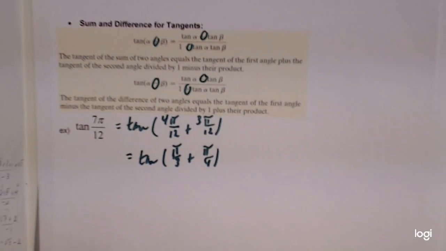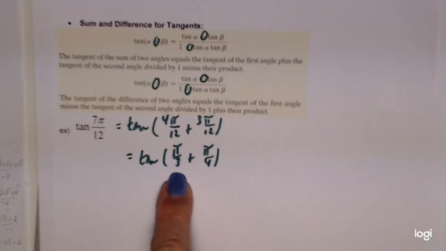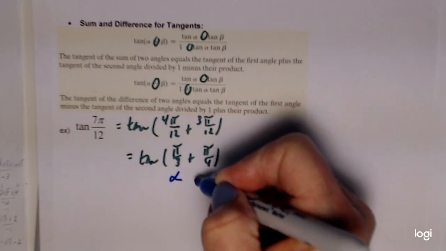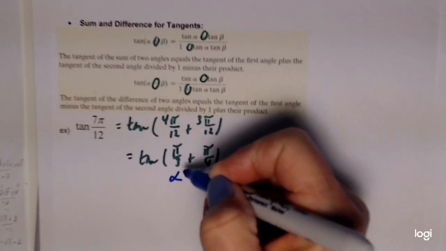So let's call pi over 3 alpha, just because I feel like getting it first, but as usual, this could be our alpha and this is our beta, but I'm going to call this alpha. So this is going to be our alpha and this is going to be our beta here.